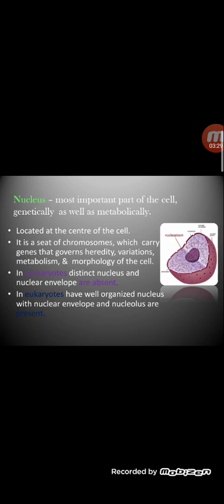So the difference between the prokaryotes and eukaryotes was already discussed, that is, the presence and absence of nucleus. In prokaryotes, they do not have a definite nucleus, nuclear envelope, etc. Whereas in eukaryotes, they have a well-defined nucleus, nuclear membrane and also the nucleolus, all are present.